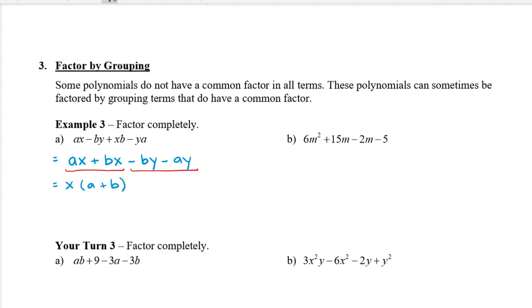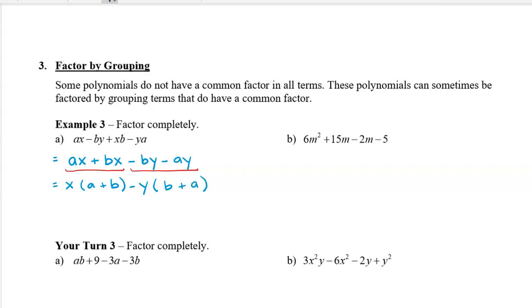From the last two terms, the by and the negative ay, I can see that they both have a common y, and they actually both have a negative sign. So I'm going to factor that out too. So I'm going to take out negative y. So negative by divided by negative y is going to be positive b. And then negative ay divided by negative y is going to give me plus a.